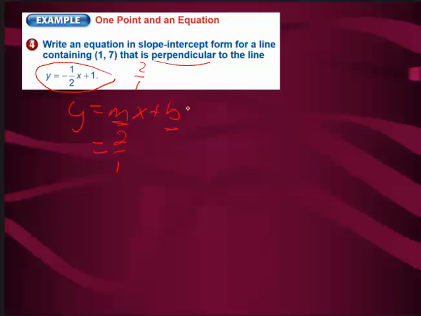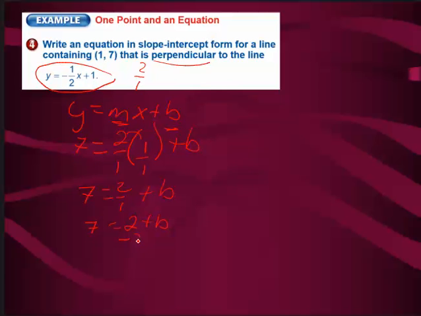B is my y-intercept. This is not on the y-axis, so this is not my y-intercept. I have to find it using the method we just used in the previous question. So here's my x value, here's my y value. I need to plug them into this equation and solve for b. So 7 equals 2/1 times 1 plus b. 2/1 is the same as 2.